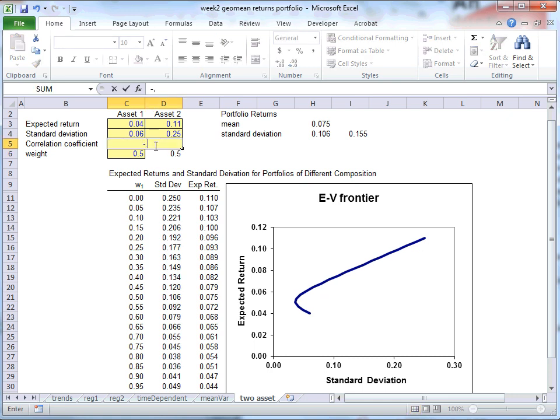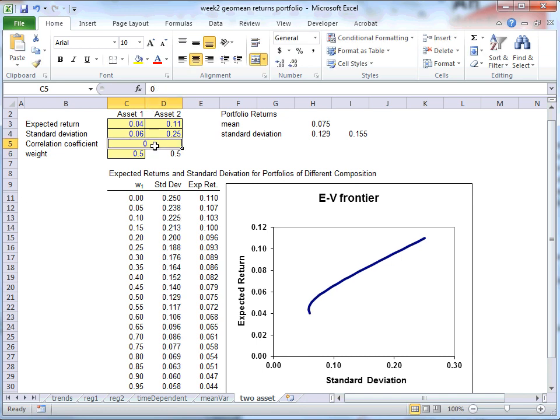And you can see it just goes back to our straight line. I'm now at 0.6. Alright, you can see here what happens to risk efficiency. You might want to change this graph, change some of these expected returns, change this correlation coefficient, and observe what happens to the EV frontier. And again, we would want to be on this frontier if we're making investments.